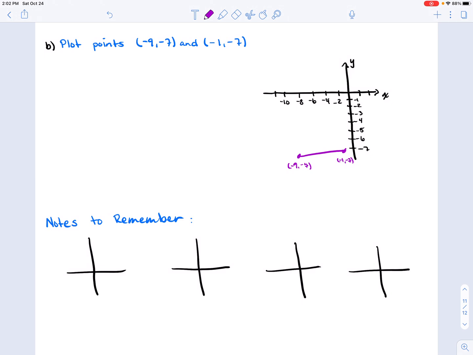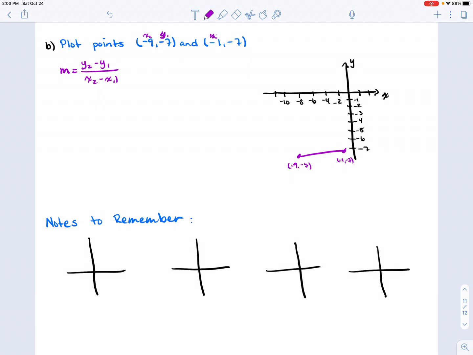Okay, again, m for slope equals y2 minus y1 divided by x2 minus x1. Which ones are your x2 points? Well, when we're looking at it, this is my x2, x1, and oops, y.